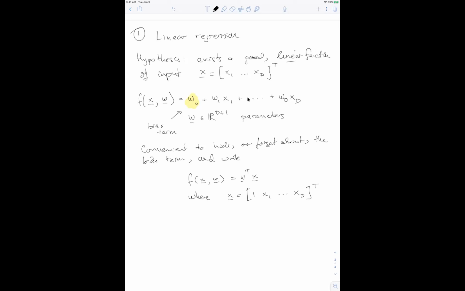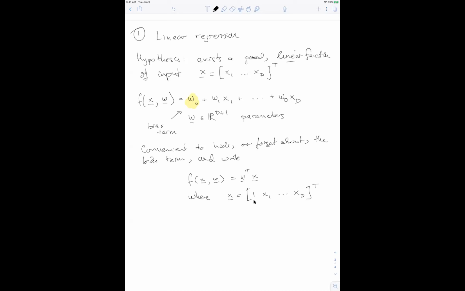So if I'm willing to pretend that my features always include a 1 in the first position, then I can handle my bias term conveniently by pretending that there's an extra dimension to the feature space. So that now the first parameter or weight w will represent the bias term.